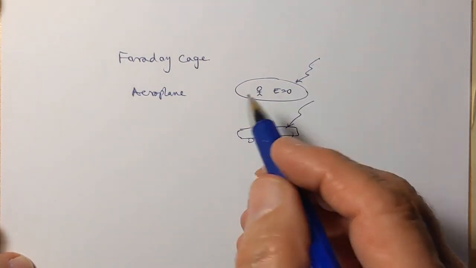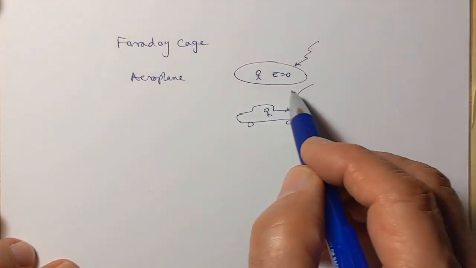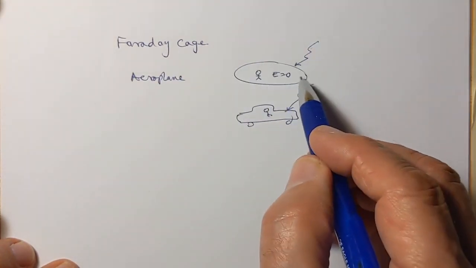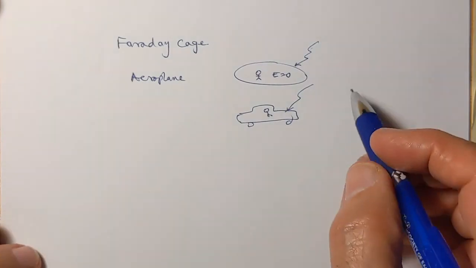Devices like this are called a Faraday cage, and it does not have to be a solid continuous shell. It could be made of a wire mesh.